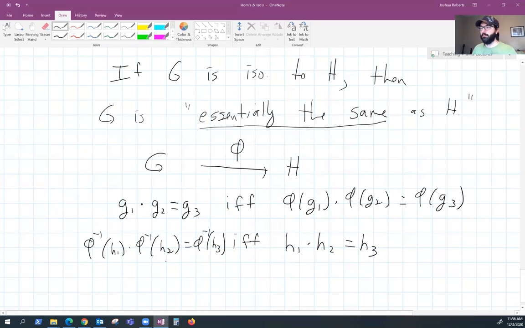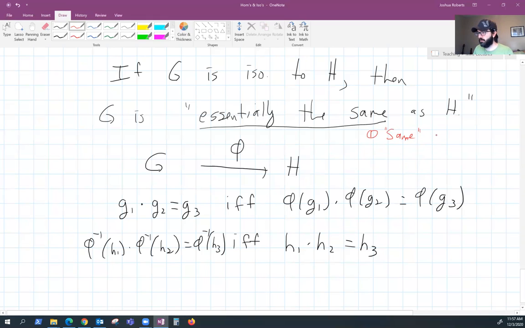Remember, I said before in that other picture that I drew that if there's a homomorphism from G to H, the group structure in G, you can find it somehow inside of H. Well, if there's an isomorphism, the group structures are identical. They're just expressed in different ways. That's what an isomorphism means. They're essentially the same. And again, essentially the same for groups means, first of all, they're "same" in scare quotes, because it doesn't mean they're equal.